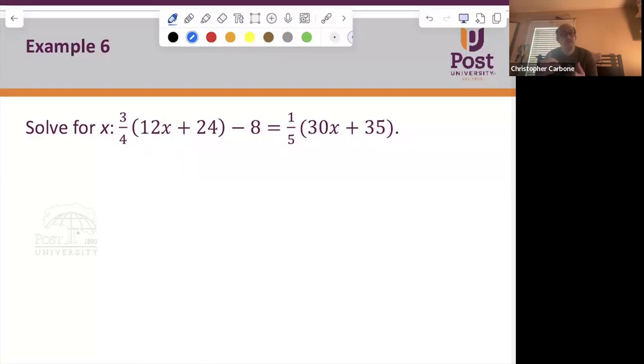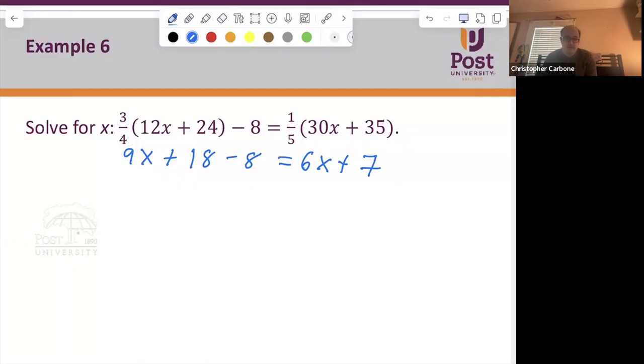So doing that by distributing the 3/4 and the 1/5, 3/4 times 12 is 9x, plus 3/4 times 24 is going to be 18, minus 8 is equal to 1/5 times 30x, makes 6x, plus 1/5 times 35 makes 7.